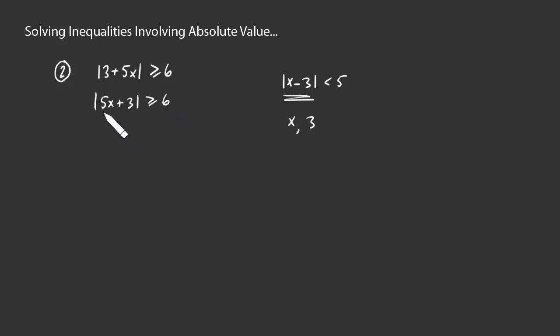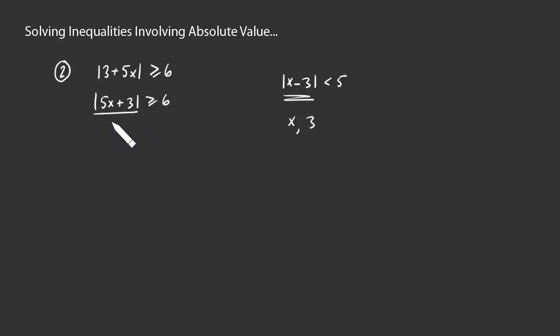To get rid of the 5, what if we divided everything by 5? That would work in a linear inequality without absolute values. Works in linear equations. How about here too? Certainly that works.